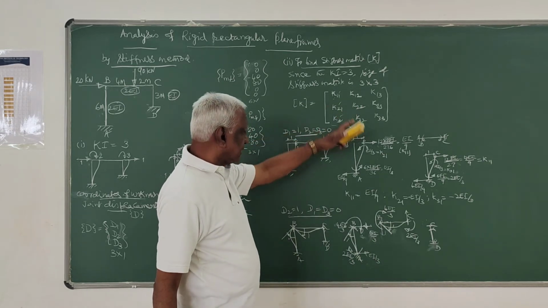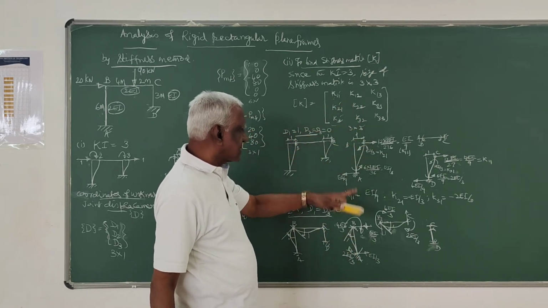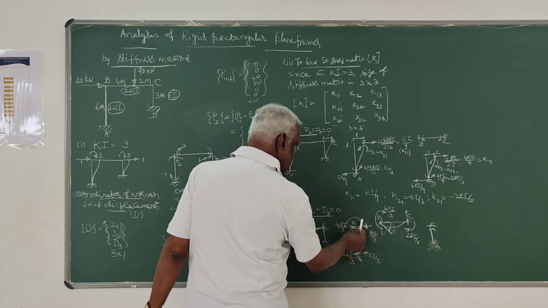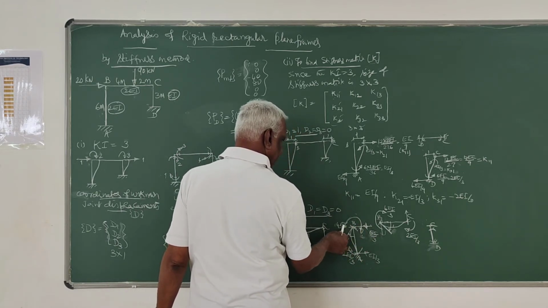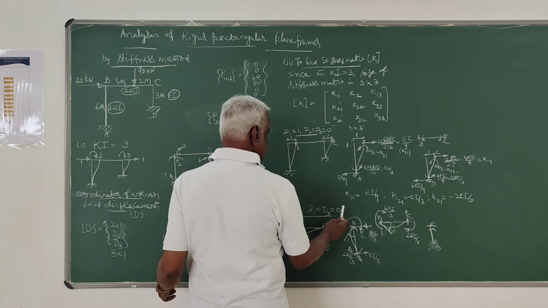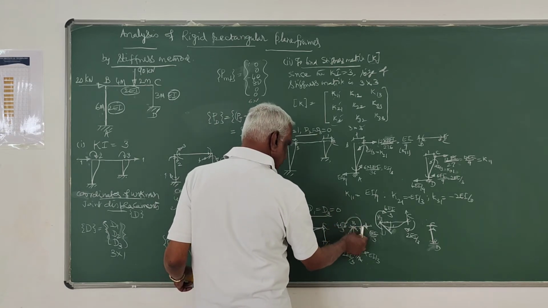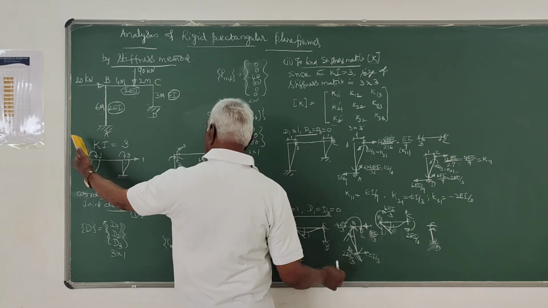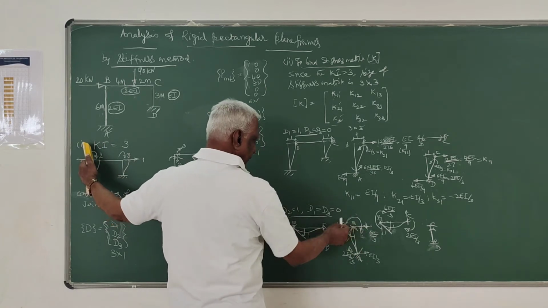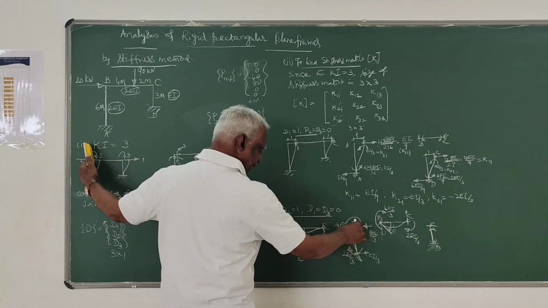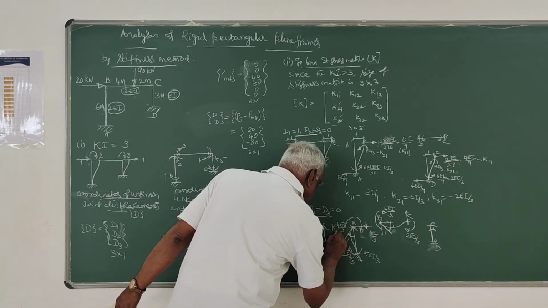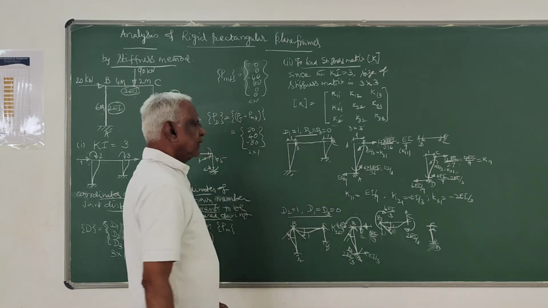Now we can attach the elements notation. So here this force corresponds to 4EI by 3 and that is nothing but the force developed in the direction of 2, when unit displacement is given at 2 itself. So therefore this is called K22.